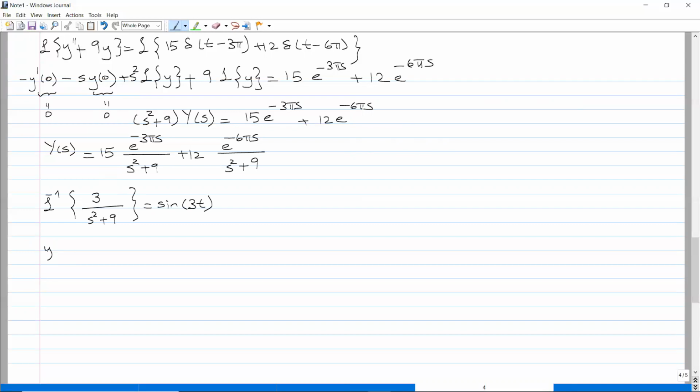So our solution is the inverse Laplace of capital Y. I need 3 in the numerator, so I'm going to write 15 as 3 times 5. So 5 e to the minus 3 pi s, 3 over s squared plus 9, plus, and 12 is 3 times 4, so this is 4 e to the minus 6 pi s, 3 over s squared plus 9.